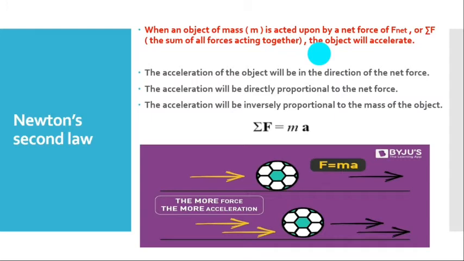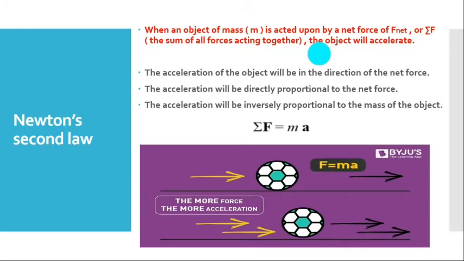For example, it means that the applied force to the right is greater than the friction force. Okay? So the object is accelerating. This is Newton's second law. So, in any question where you see that there is acceleration, it means we are talking about Newton's second law.